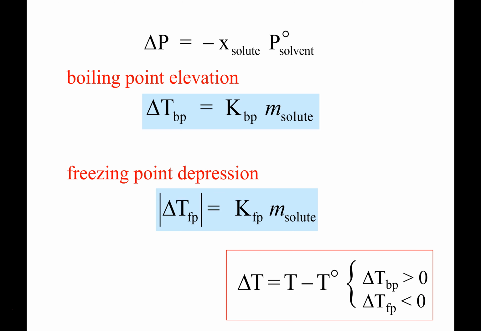So the way this works, for boiling point elevation your delta T will be positive, and for freezing point depression your change in freezing point temperature will actually be negative. There are your working problems, homework problems, or problems on the test. You just kind of have to remember boiling point elevation, freezing point depression.